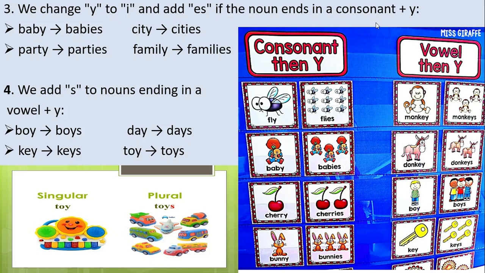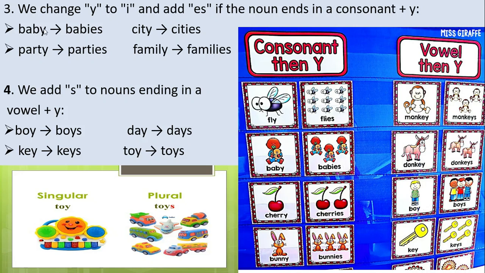And when a word ends with y followed by a vowel sound, then what will we do? We add only s. For example, now look here, baby, babies. The word baby ends with y, and before y there is a consonant letter, b.